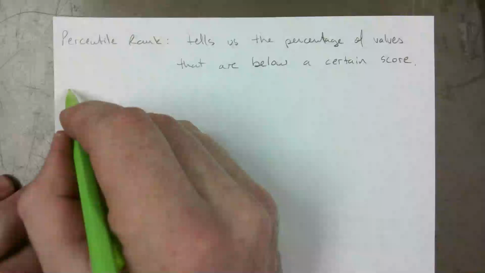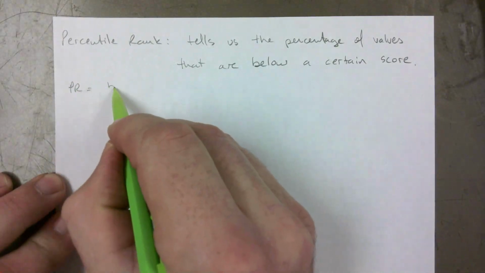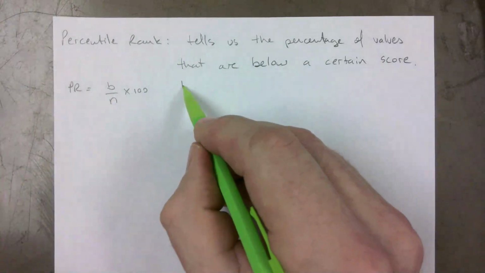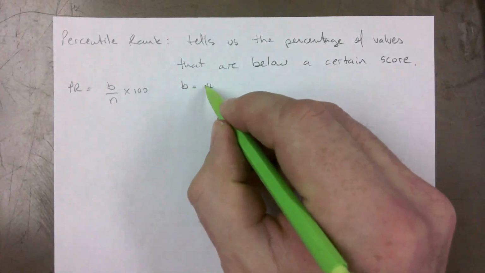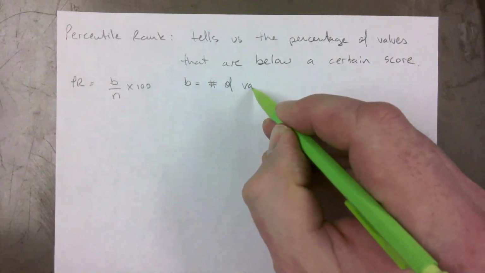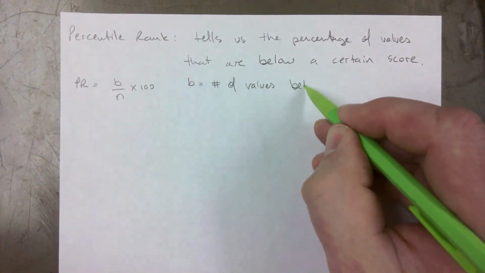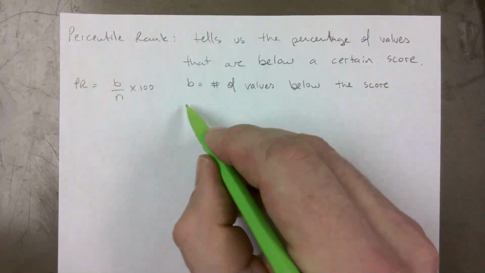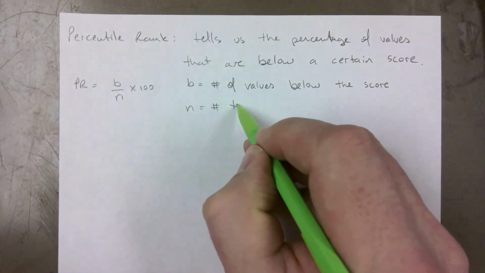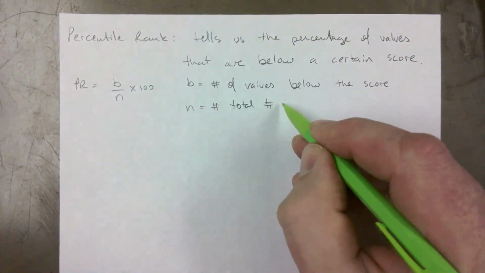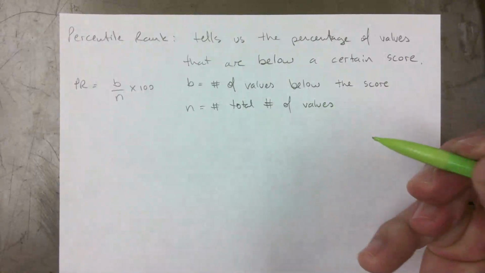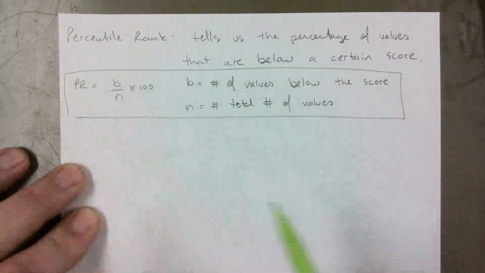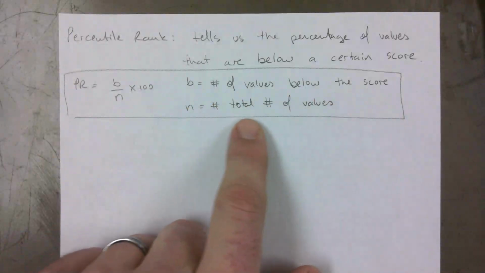So the formula is going to be B divided by N times 100, where B stands for number of values below the score that you're considering, and N is the total number of values. This, in my opinion, is absolutely, I mean, it's on your formula sheet, but I think it doesn't lay it out as nicely.